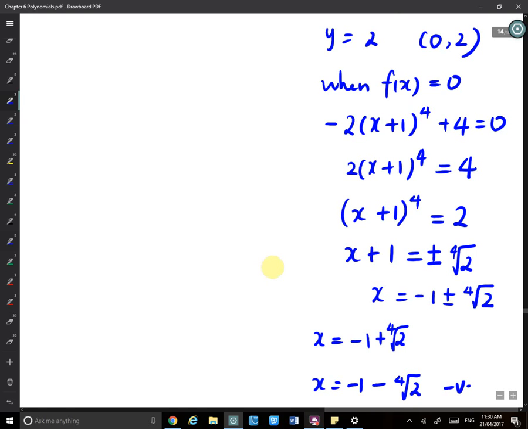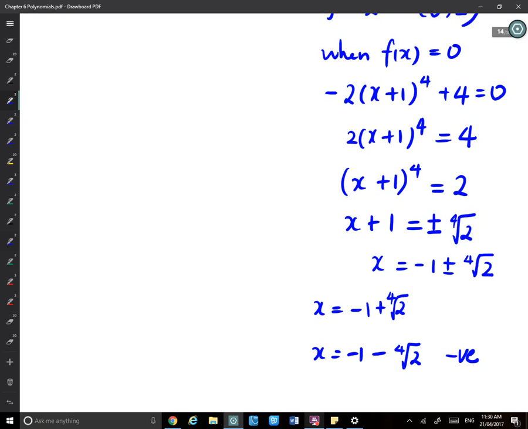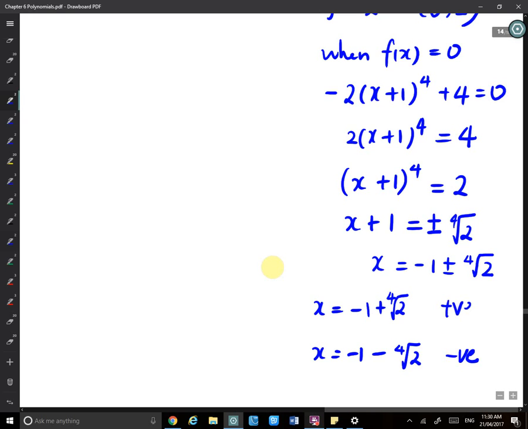This one must be negative. How about the top one? Is that positive or negative? It's positive. Why is it positive?